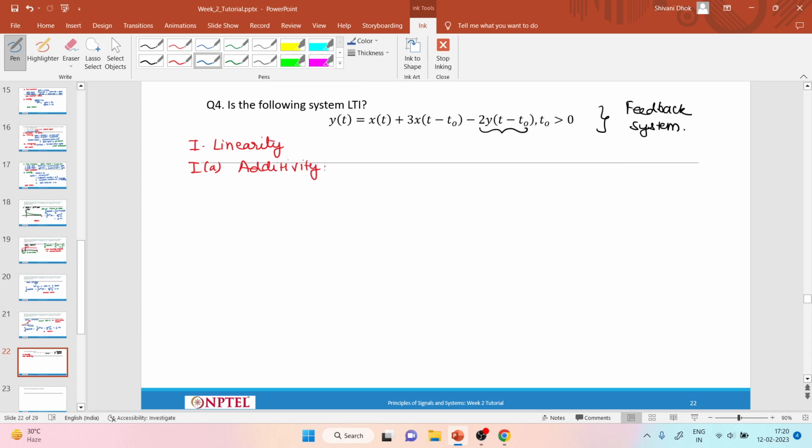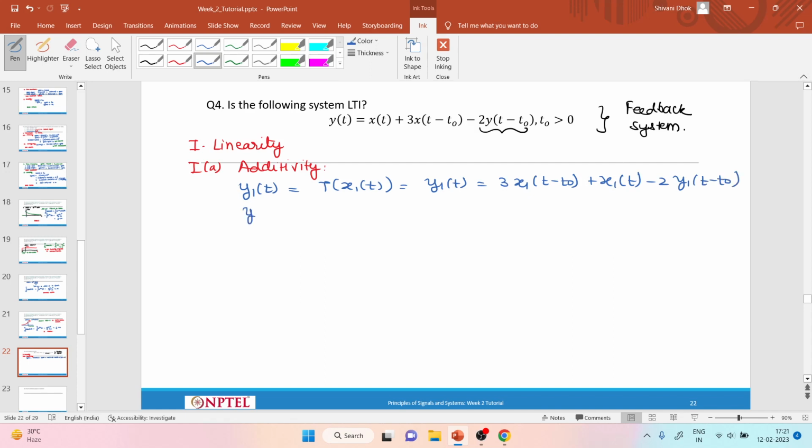So for that let's say y1 of t is equal to T of x1 of t, which is equal to x1 of t plus 3 times x1 of t minus t naught minus 2 times y1 of t minus t naught.